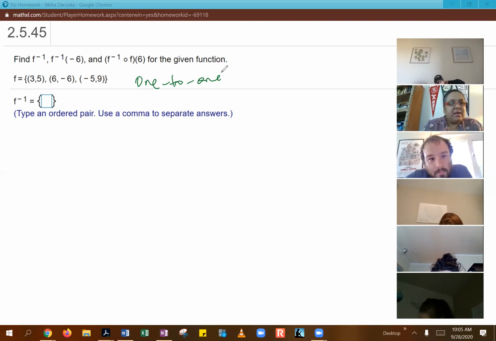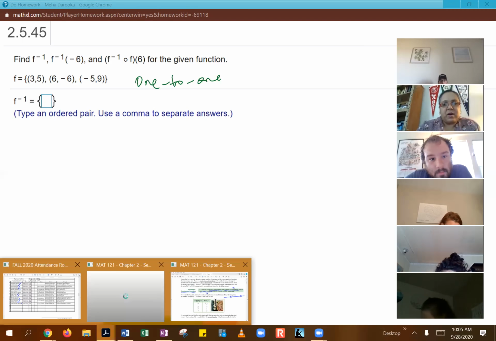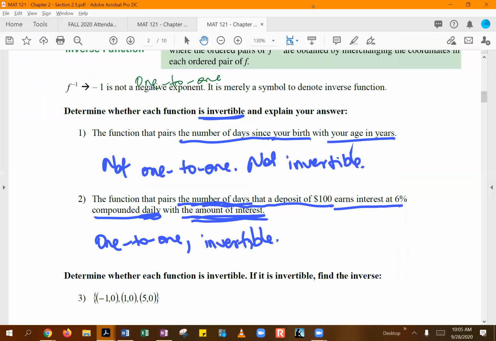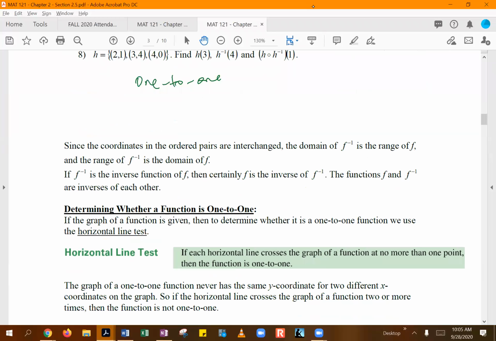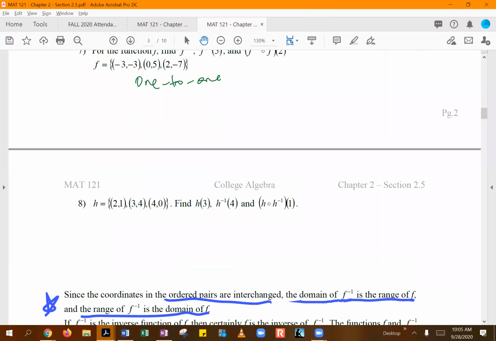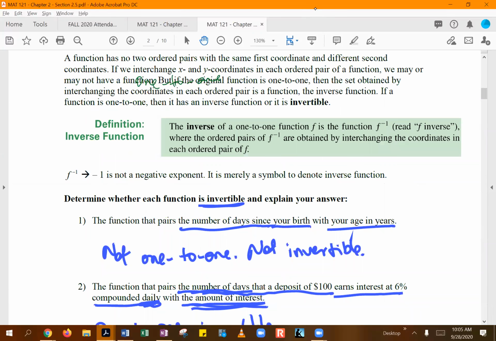So before we answer this, let's go back to our handout over here. We are saying since the coordinates in the ordered pairs are interchanged, the domain for the inverse function is the range of the original function, and the range of the inverse function is the domain of the original function. And you should notice that we use this little notation when we are talking about the inverse function.